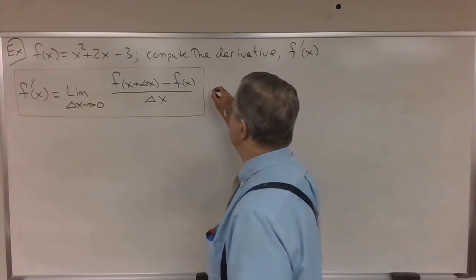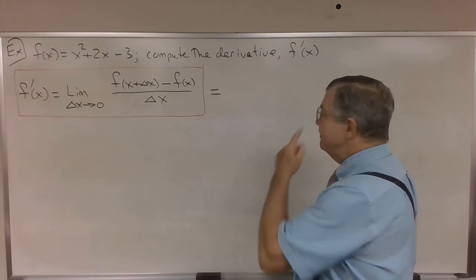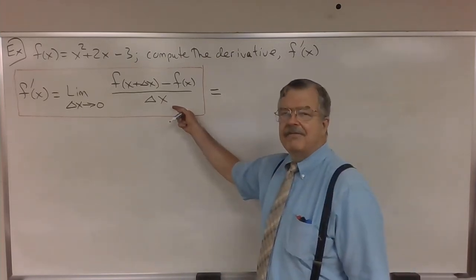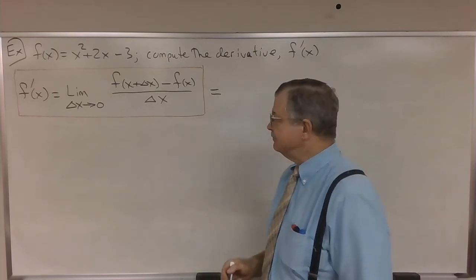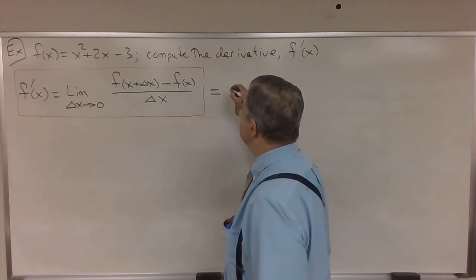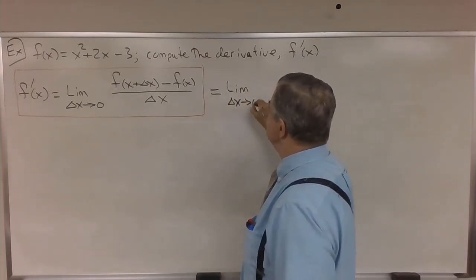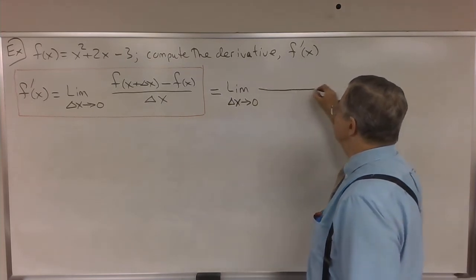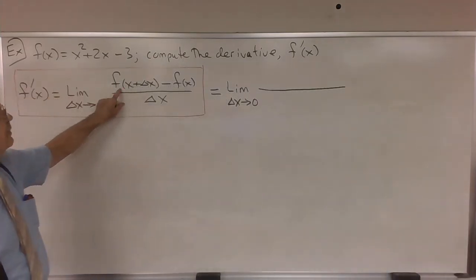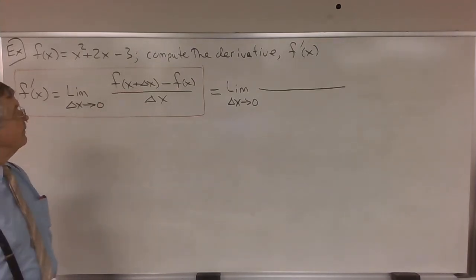Okay, well, our goal is to compute the derivative of f of x. We're going to use this definition to do that. And the first thing we have to do, other than declaring our intention to compute the limit, is compute f evaluated at x plus delta x.